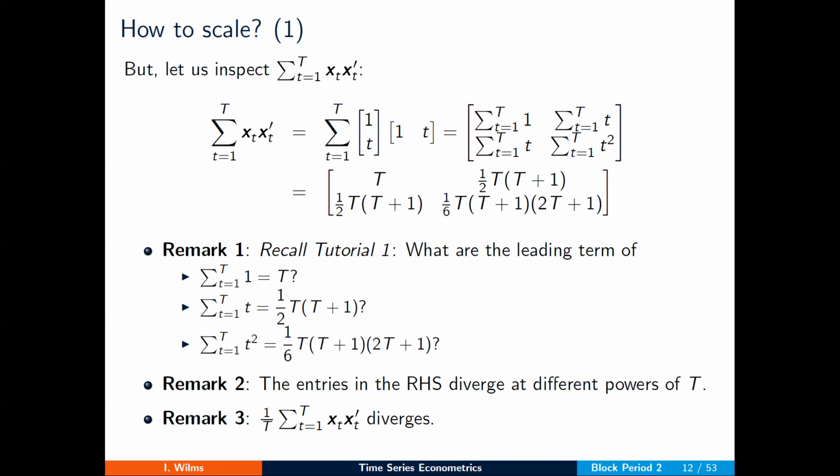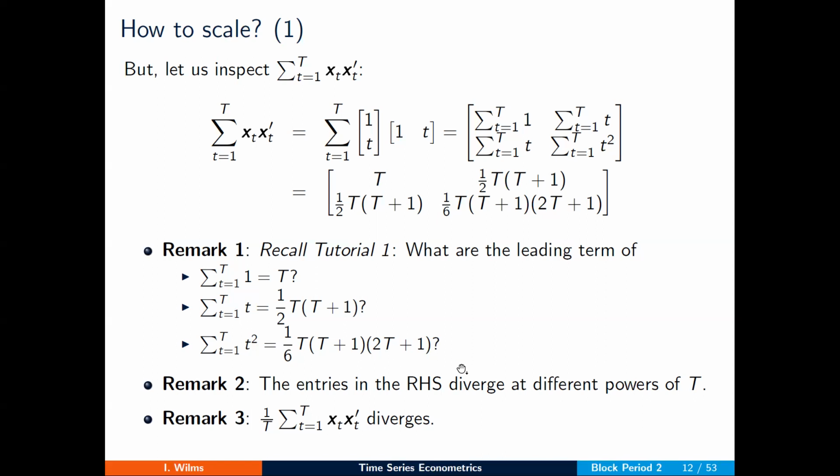We also derived the leading terms of these sums. For the first term, the leading term is just T. For the sum of the t's, the leading term is T squared. And for the sum of t squared, the leading term is T to the power 3.